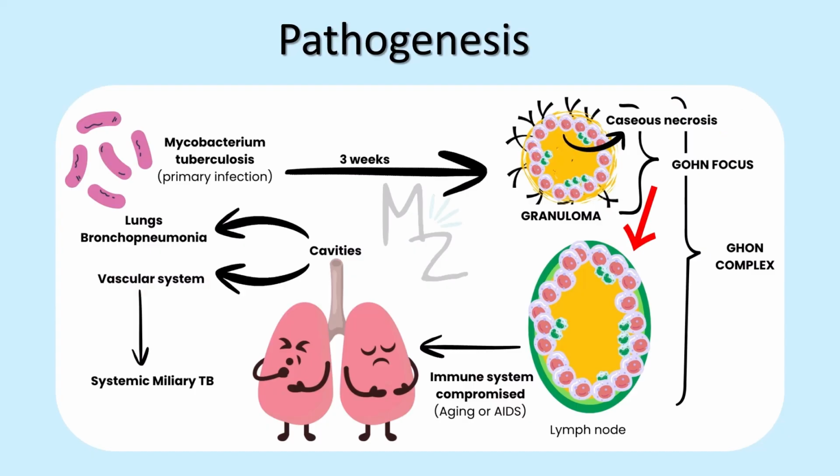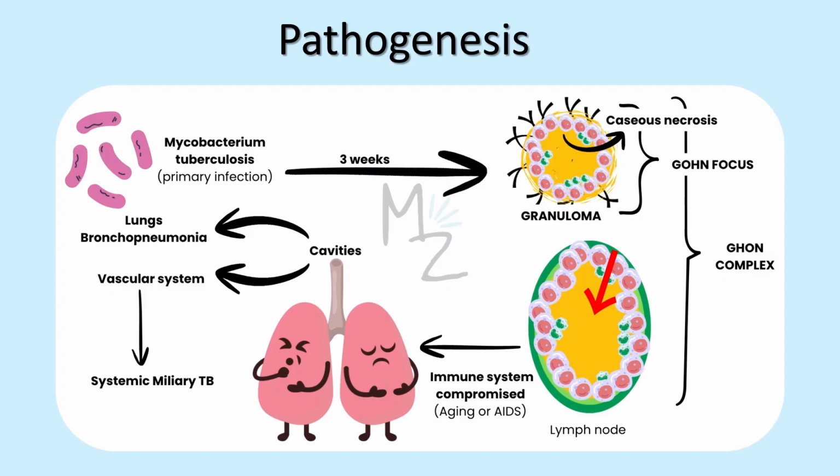Then what happens? TB also spreads to nearby hilar lymph nodes. Spread to hilar lymph nodes is either carried over by immune cells through the lymph or by direct extension of the Ghon focus infection. Caseation is caused there as well.